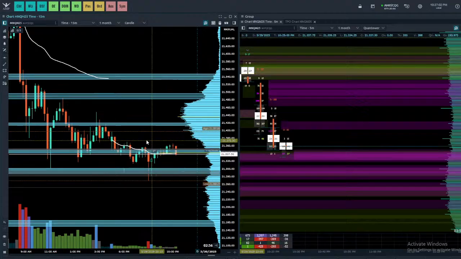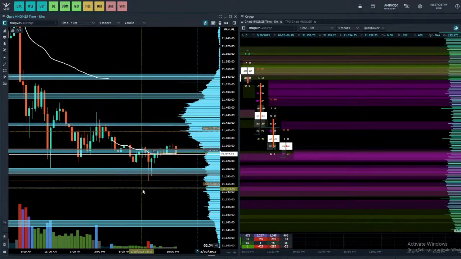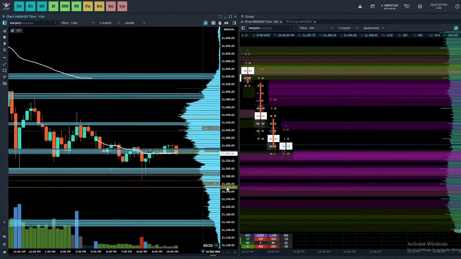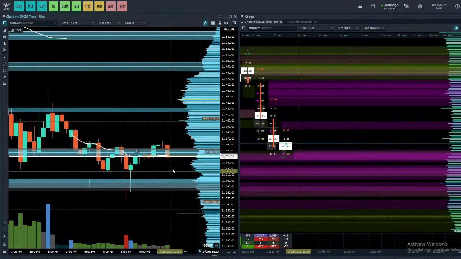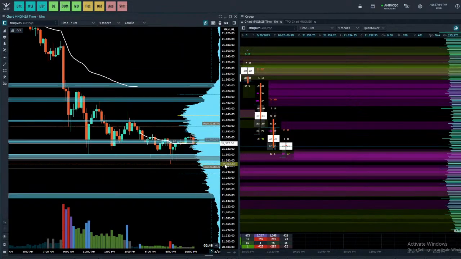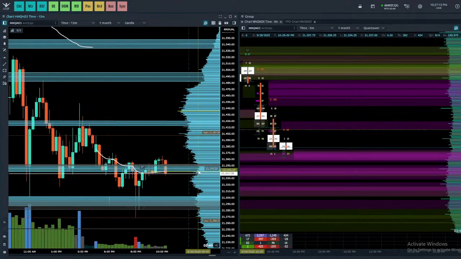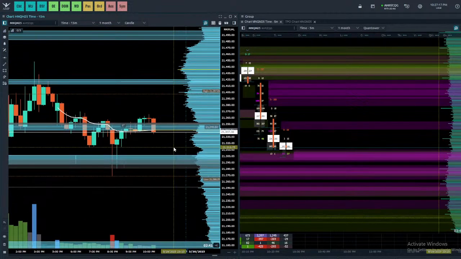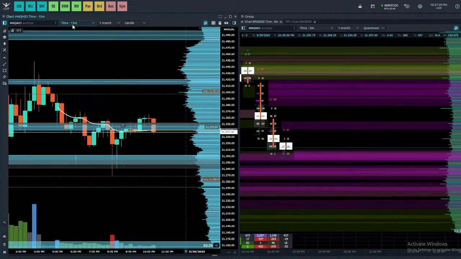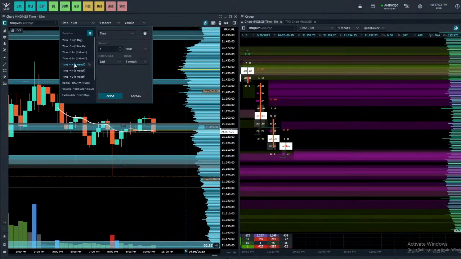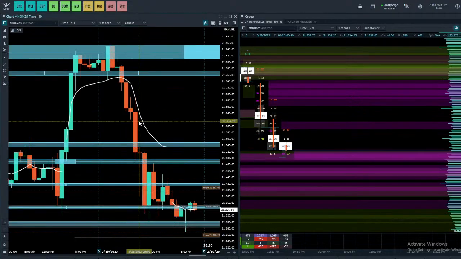The accumulation. I'm looking too little in my time frames. Redistribution.